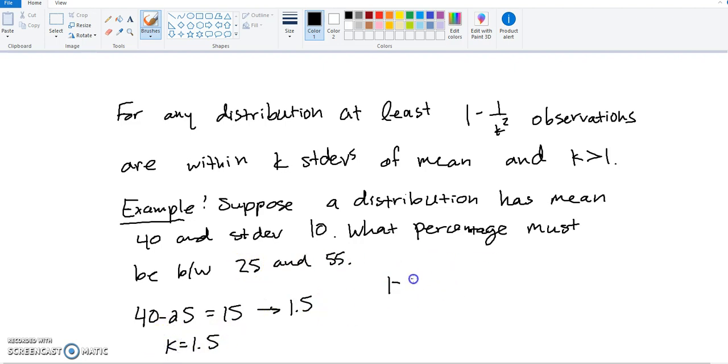So 1 minus 1 over 1.5 squared comes out to about 0.556, or 55.6% of all observations have to be within 1.5 standard deviations of the mean. So I'll come back with that last part on the empirical rule.